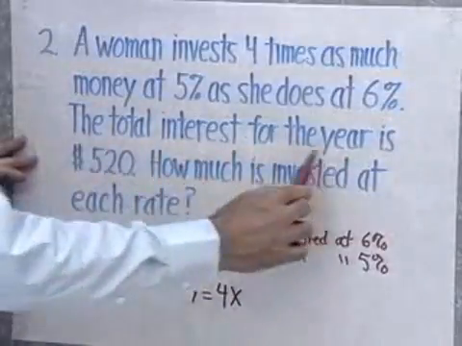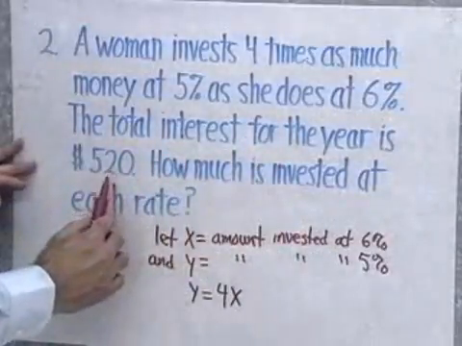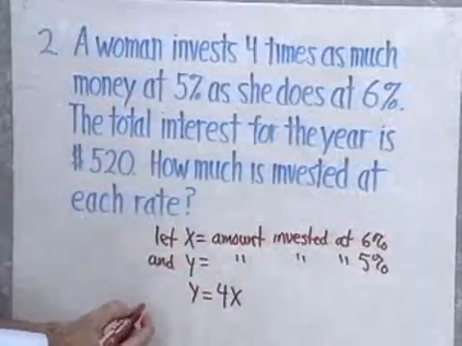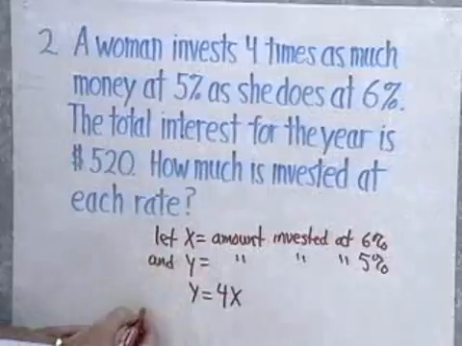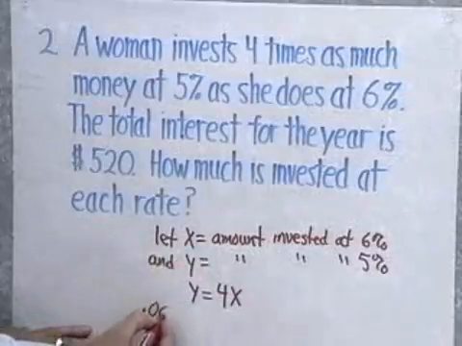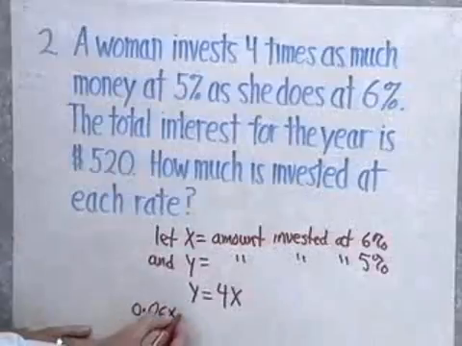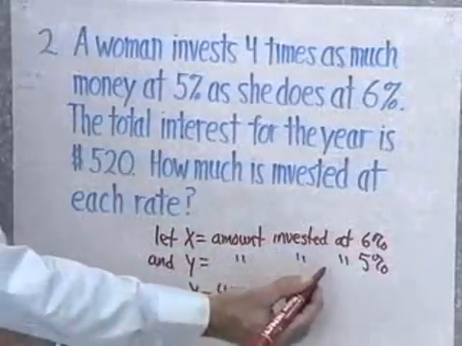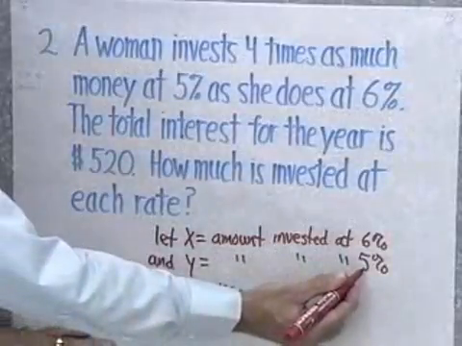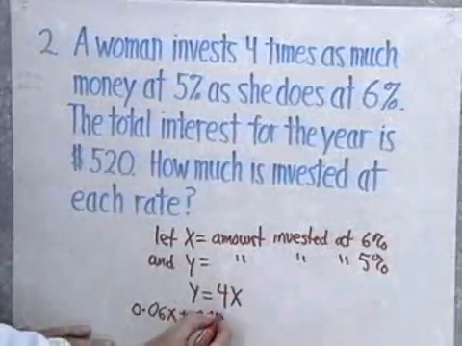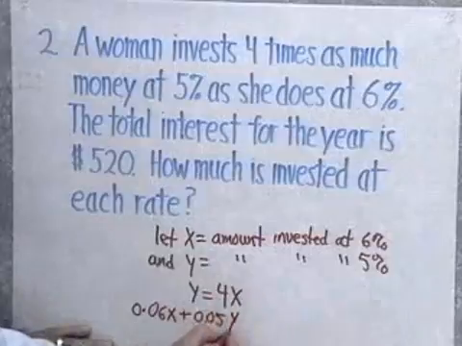The total interest for the year is $520. Well, she has x dollars invested at 6%, and so the interest earned on that x dollars at 6% is 6% of x, so 0.06 times x, plus the amount of interest she earns on the money invested at 5%, which is 5% of that amount, or 0.05 times y.